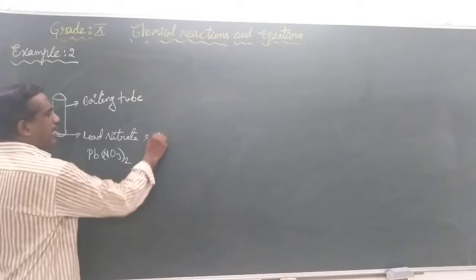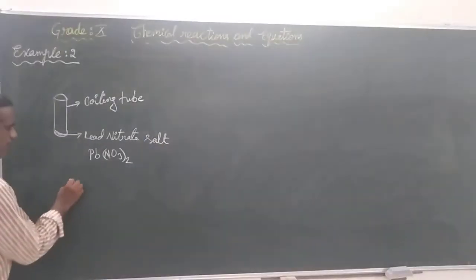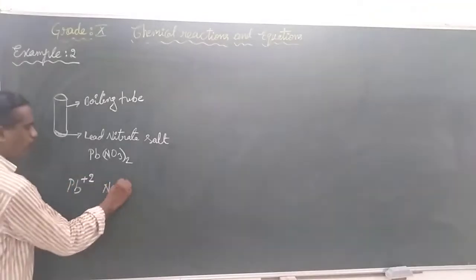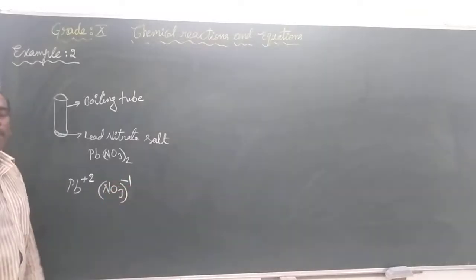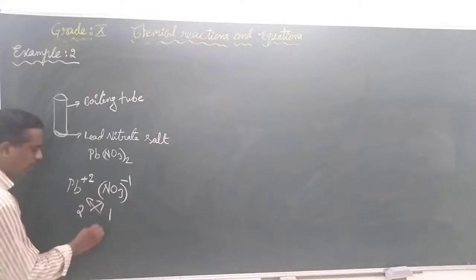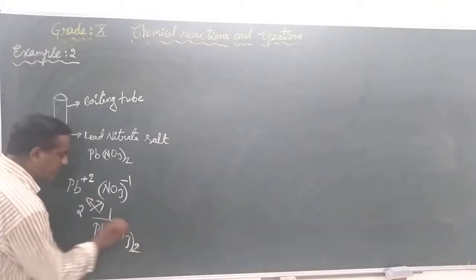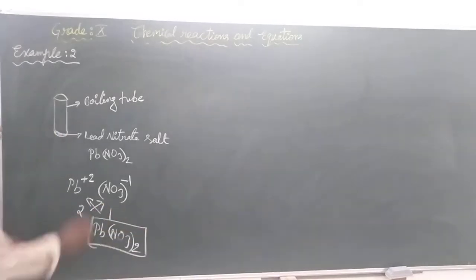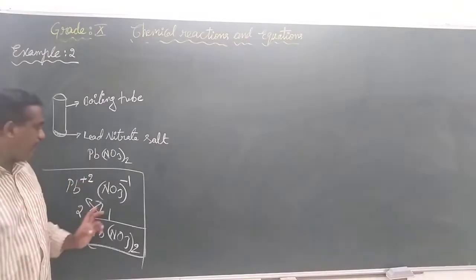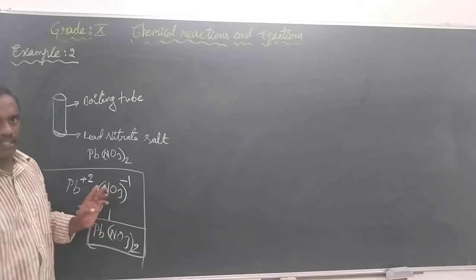Lead generally has the oxidation state of plus 2. Nitrate is the group of atoms that has minus 1. Once we crisscross the 2 and 1, it forms Pb(NO3)2. This is how we give the formula for our salt, lead nitrate, from the valencies that we did in the 9th standard.